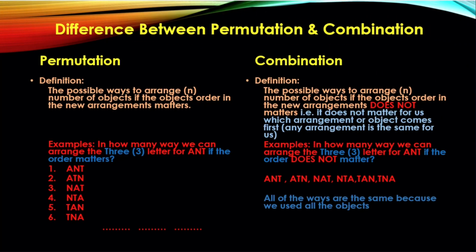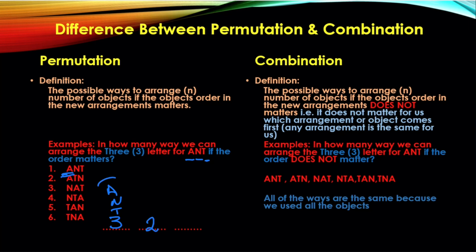If I look at this one, when I come to select the first letter, how many options are available to me? I have three options. I can put A, I can put N, I can put T. So for the first letter, I have three ways. For the second letter, I will have only two.